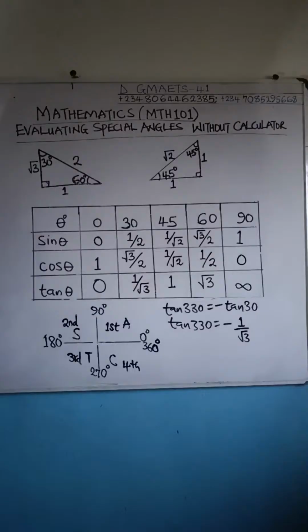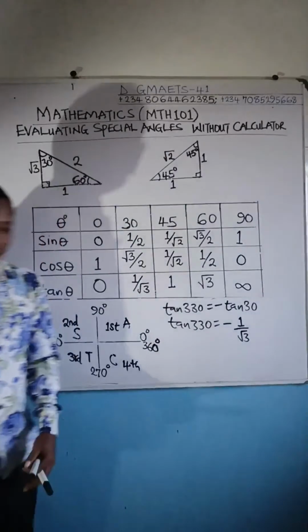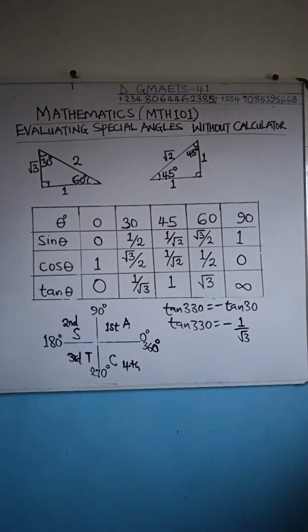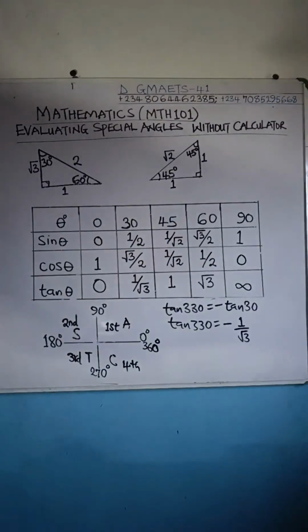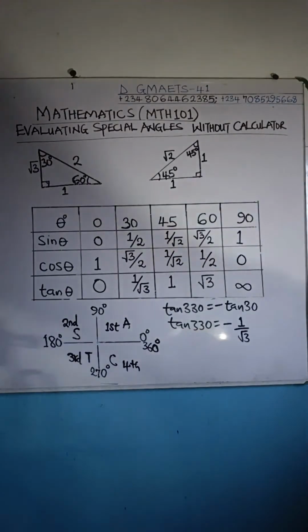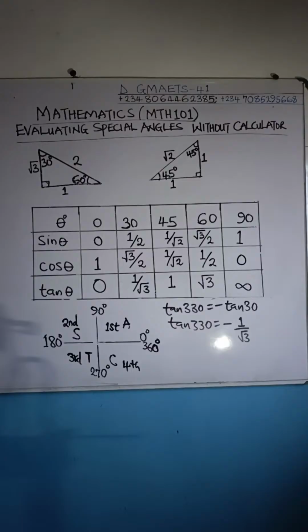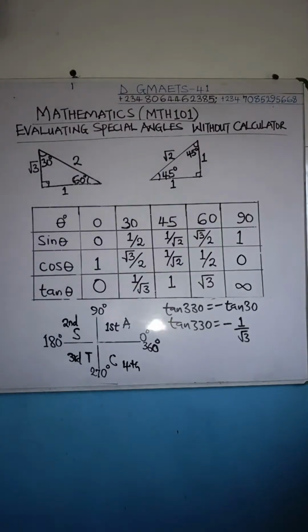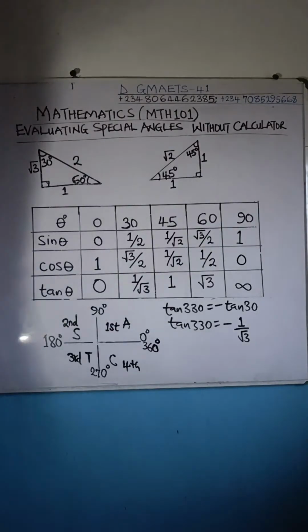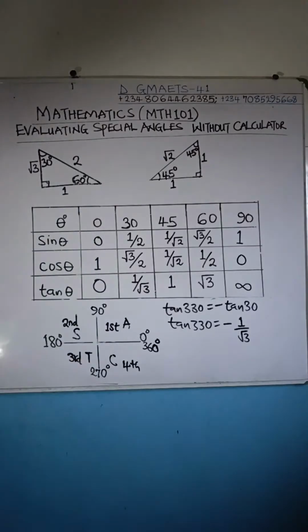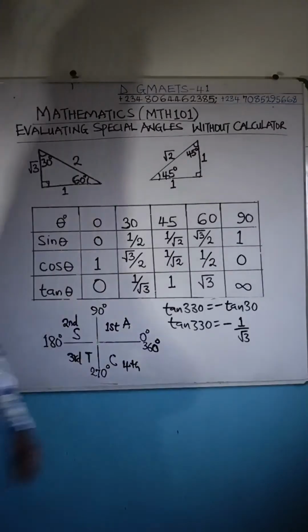So we're evaluating the next special angle, I guess. Permit me to adjust this lighting system. Be patient. I'm trying to see if I can provide a little lighting system.